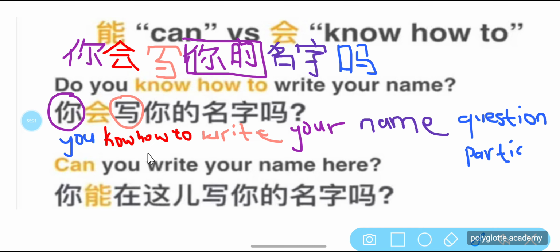So we can now fully translate this sentence to mean you know how to write your name, question particle. So this will mean, do you know how to write your name? 你会写你的名字吗？ Do you know how to write your name?